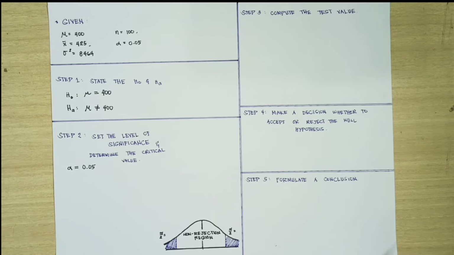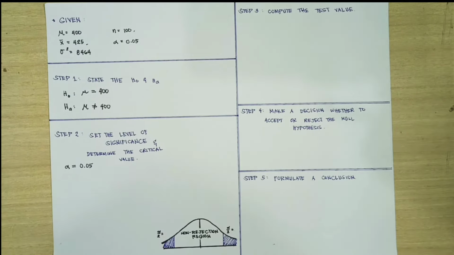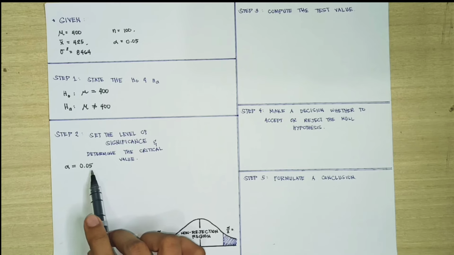Okay? And next. Okay, so our alpha is 0.05.